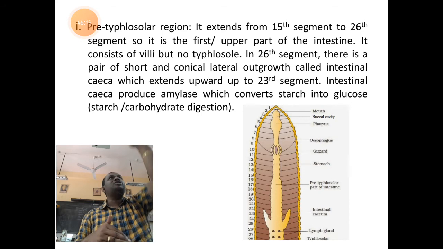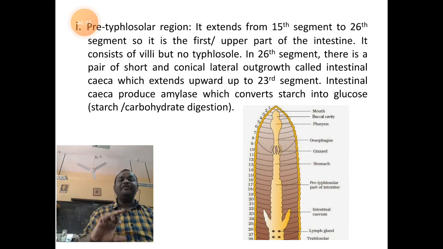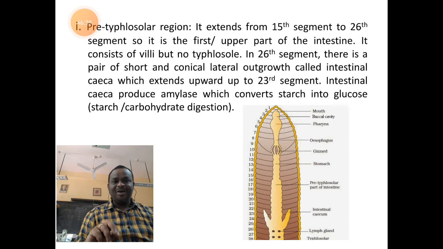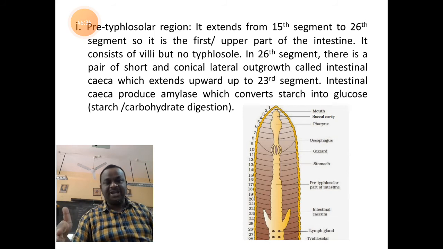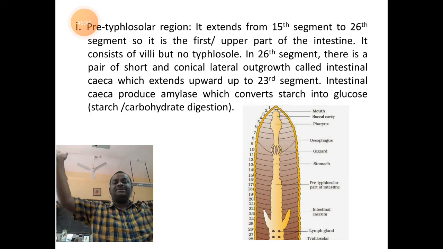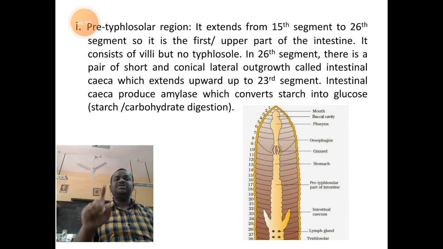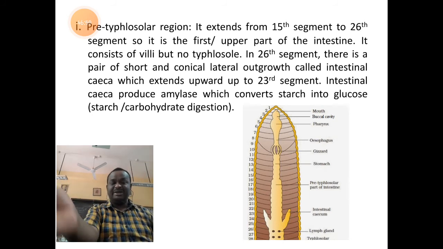So, the region from 15 to 26, where you find the intestinal caeca, we call the pre-typhlosolar region. Are we able to understand? So, the pre-typhlosolar region is the intestinal part from the 15th till the 26th segment. At the 26th segment, there is a forward lateral growth of extensions called the intestinal caeca, which synthesize enzymes for carbohydrate metabolism.